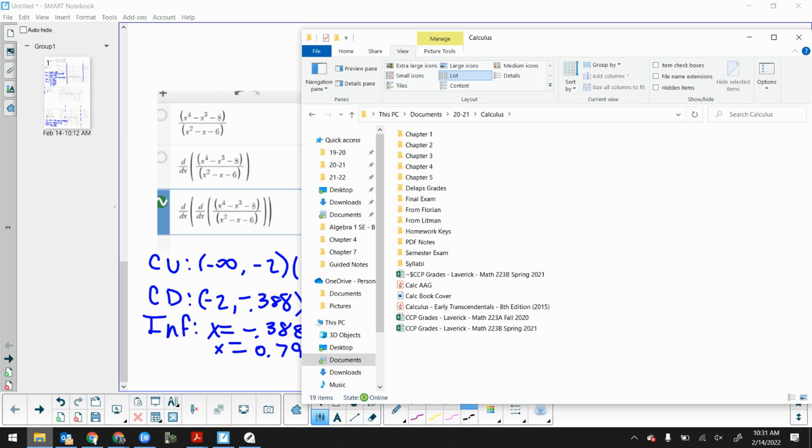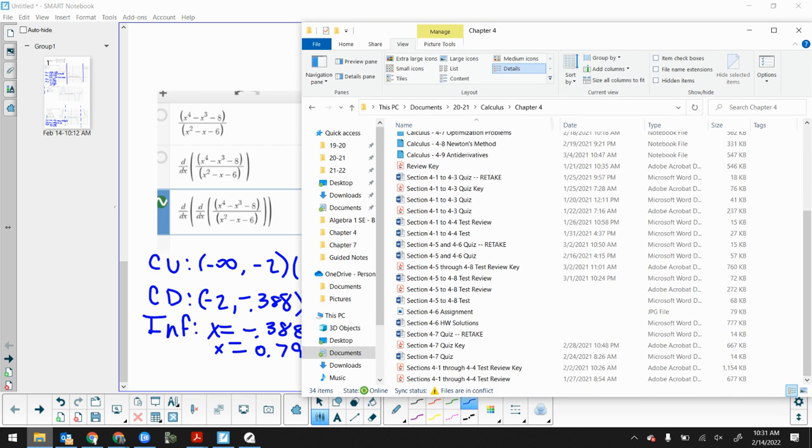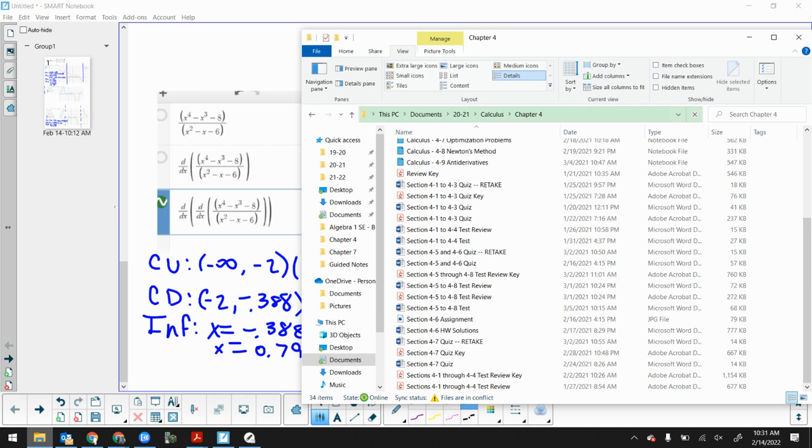Calculus, chapter 4. And I'm looking for 4-6 key. Oh, did I switch it all the way over already? 4-6 homework solutions. There we go. Come on.